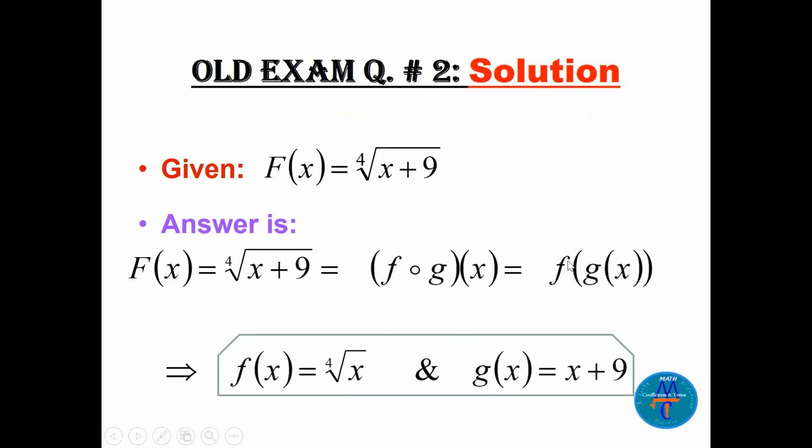If you replace it inside the f, you will get the capital F. So I can take g of x as x plus 9, the inside part, and this function small f is the 4th root of x. Now find f circle g, just replace g inside the f. You will get the 4th root of x plus 9.